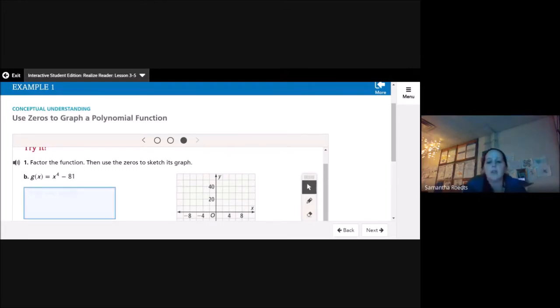So this is going to be x squared minus 9 and x squared plus 9. So x equals 3 and -3.